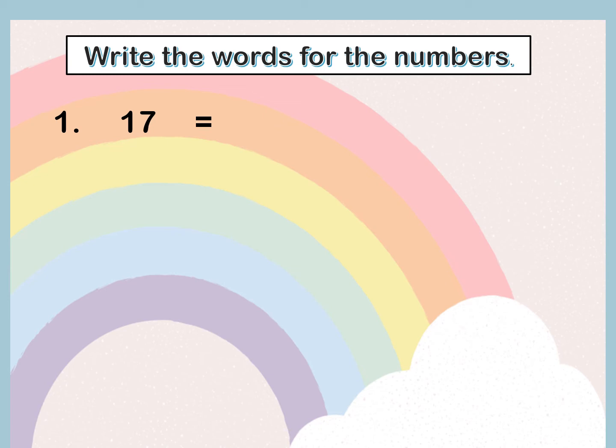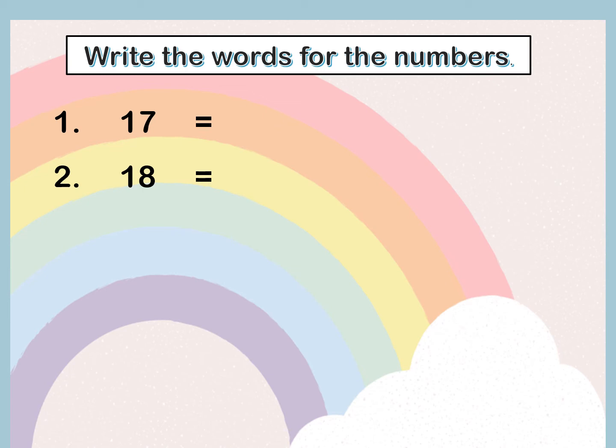Let's proceed to number 2. Number 2 is 18. Alright. So, when you see 17 and 18, all you have to do is spell the first word, like 7, and then add T-E-E-N at the end.